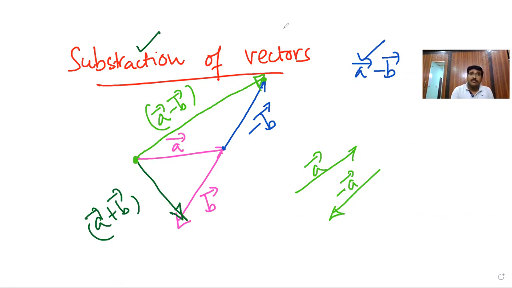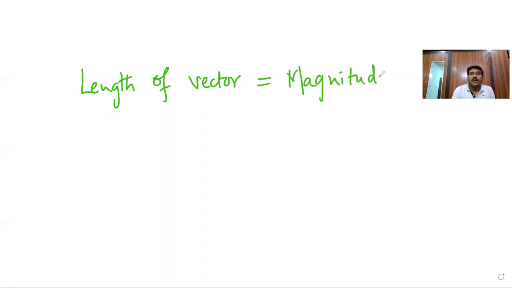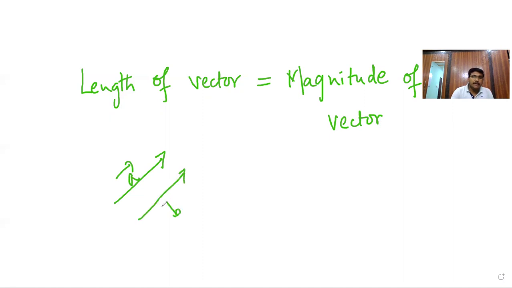Remember carefully here, the length of the vector is equal to the magnitude of the vector. Suppose this is one vector A bar, this is another vector B bar.